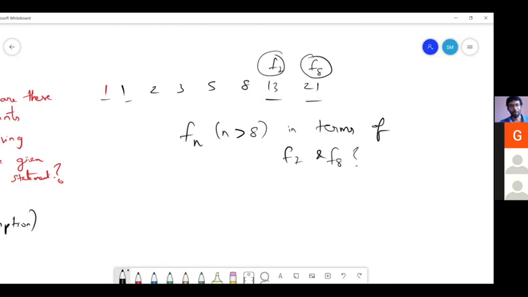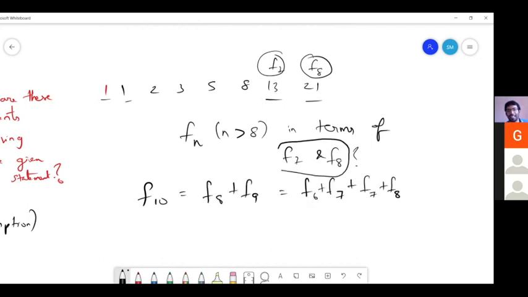For example, can you represent F10 in terms of F7 and F8? See, it is F8 plus F9, and F9 is actually F8 plus F7. That's all. So twice F8 plus F7, right? This is F7 plus twice F8. So this is F10.